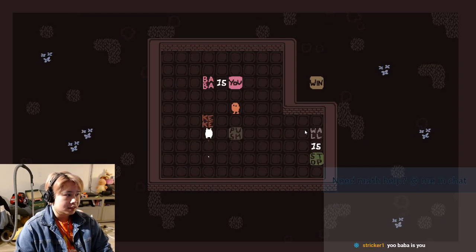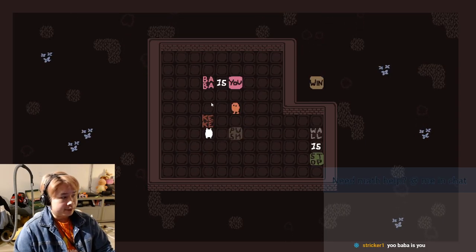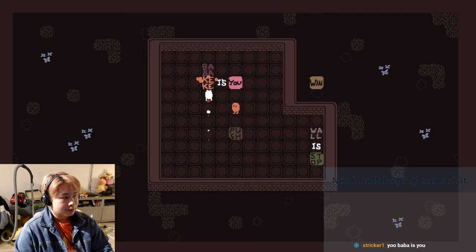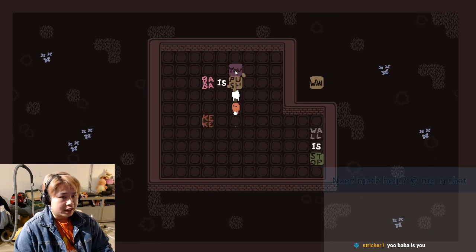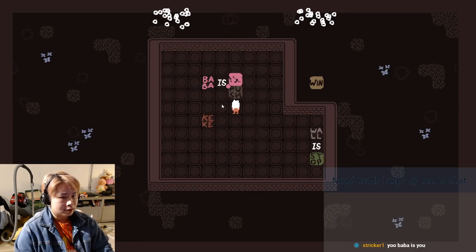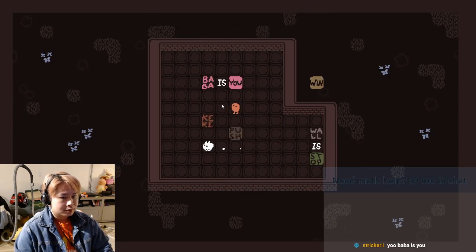So realistically, there's two options. I can make Kiki myself, but then this doesn't really do anything besides change who I control. I can make Baba pushable, but then I no longer am anyone, so that's not a thing. I can make a T shape.